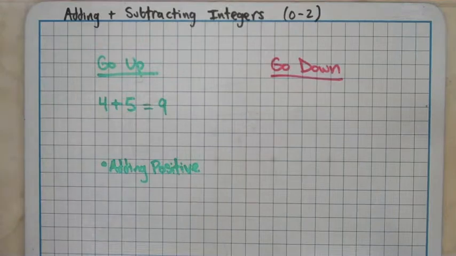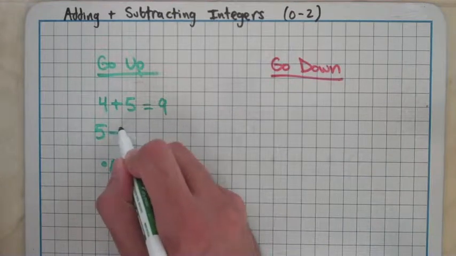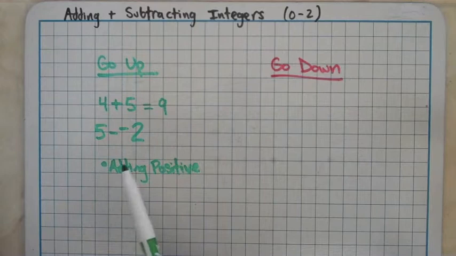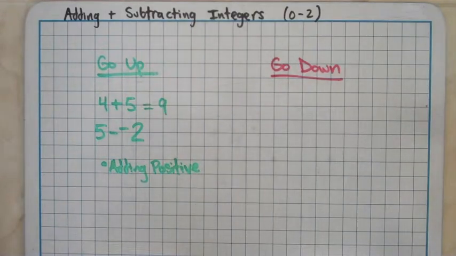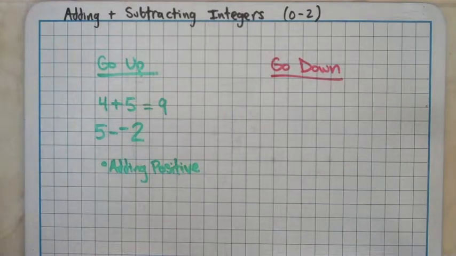There's actually another situation that will also make your answer go up. Let's say I had a situation like 5 minus negative 2. A lot of people find it helpful to think about negative numbers like debts, you owing somebody else money. If you owed somebody $2, and they say, don't worry about it, I'm going to take away that debt, that's actually a good thing.